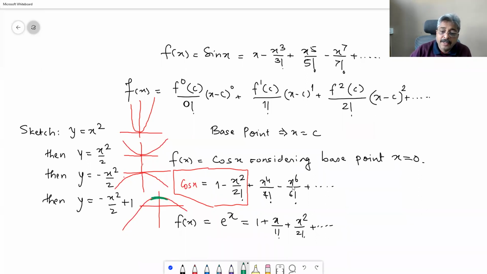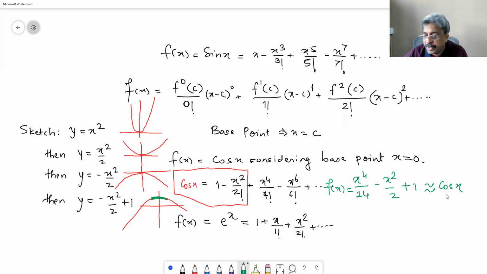That is the whole idea. If you sketch x raised to 4 by 24 minus x square by 2 plus 1 as f of x, which is approximately equal to cos x, you will have a better fit between the actual cos x graph and this polynomial graph. That is what I wanted to bring to your notice.